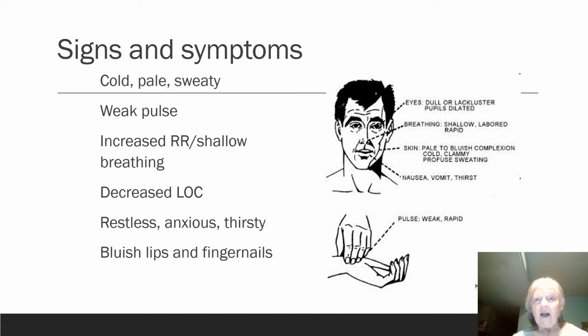We sometimes have bounding pulses, sometimes very weak pulses, as we talked about. Just depends on what's going on with them. And then one thing we sometimes see is a wide pulse pressure in some of the early stages of shock. And if you guys remember, pulse pressure is the difference between systolic and diastolic, normally around 35 to 40 millimeters of mercury.